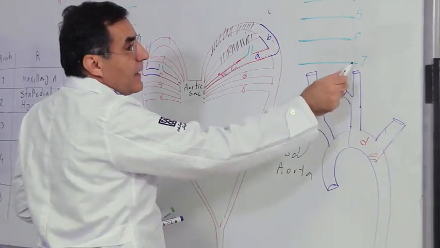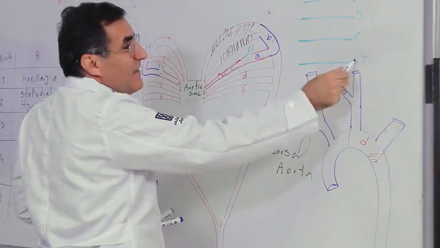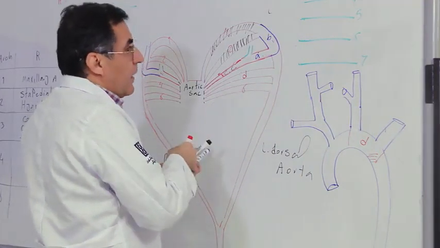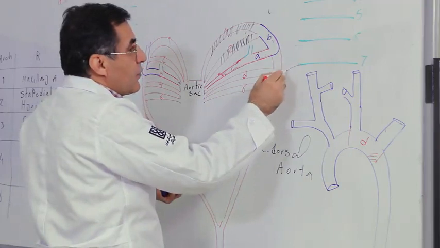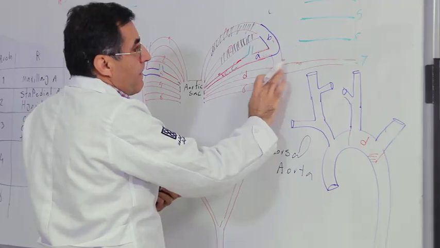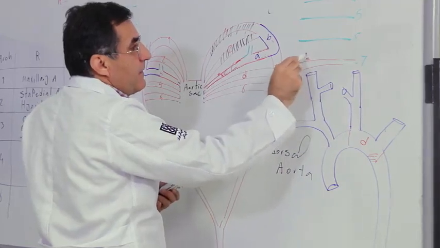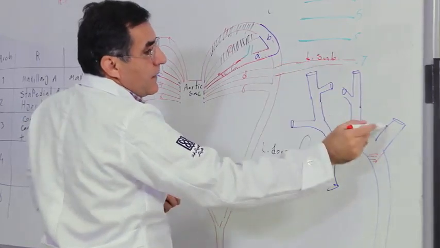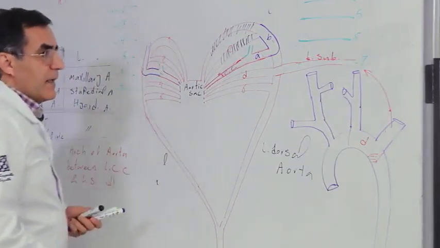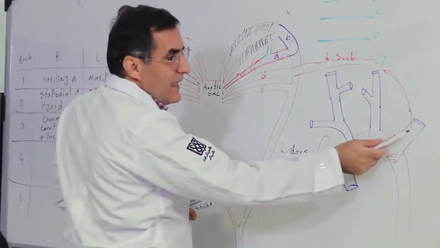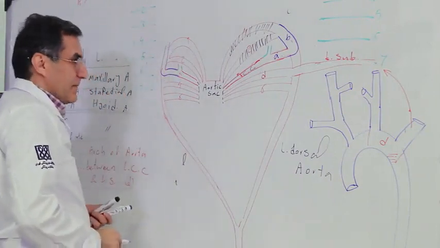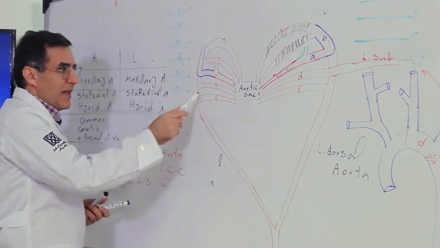The left subclavian is made by the left 7th intersegmental artery. After the formation, these two arteries communicate together. This is the left subclavian, this one. It means that the left subclavian is made by the 7th left intersegmental artery. What about the right side?